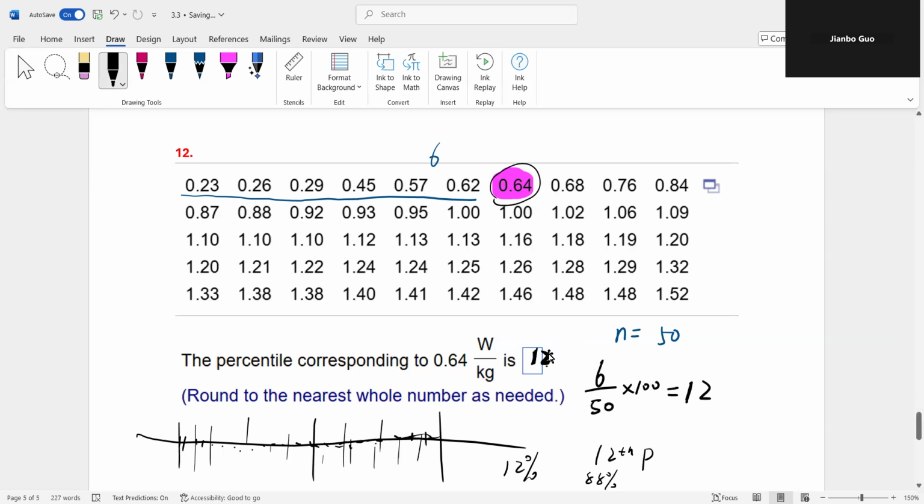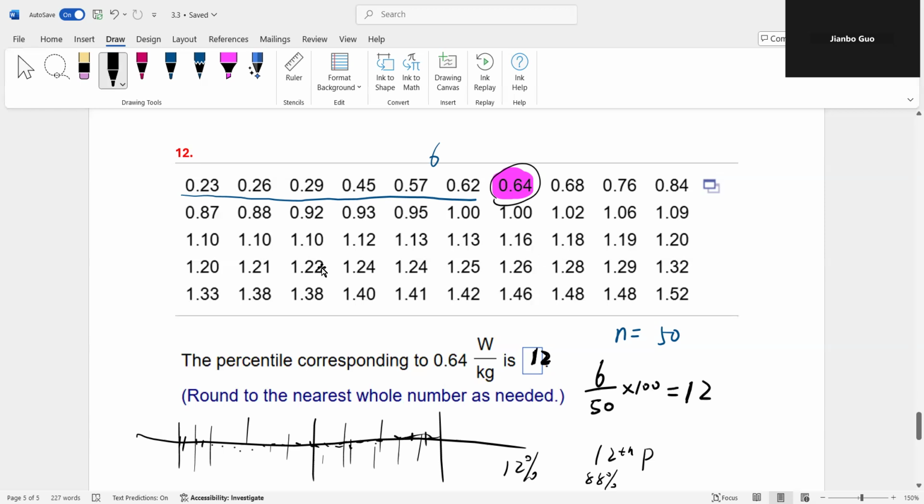Now we found the percentile for 0.64, which is the 12th percentile. Then we know the value stands close to the bottom, right? It's only bigger than around 12% of the values, and smaller than around 88% of the values in the data set.